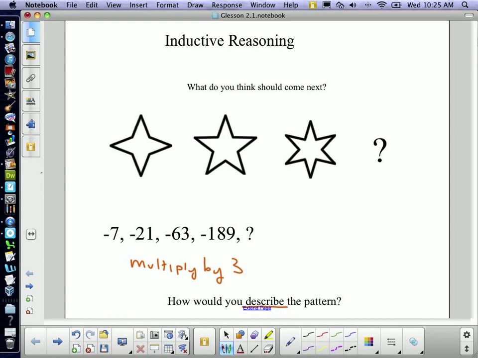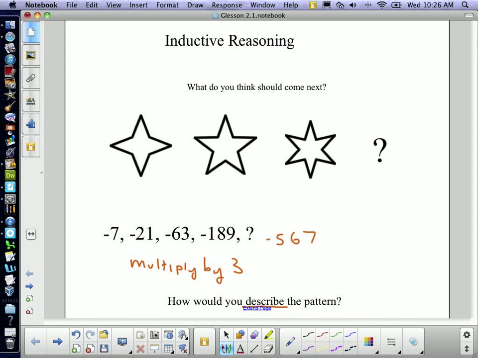If I wanted to find the next number, I'd actually take -189 times 3, which would be, what is that, 27. 3 times 9 is 27. 3 times 8 is 24, plus 2 is 26. So -567 would be next.